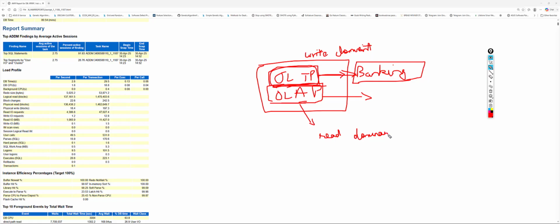Okay, this is just an estimation, a generic perspective. It does not mean that OLAP systems would not do even a single write, or OLTP systems do not do any single reads. This is just a perception, that's it.